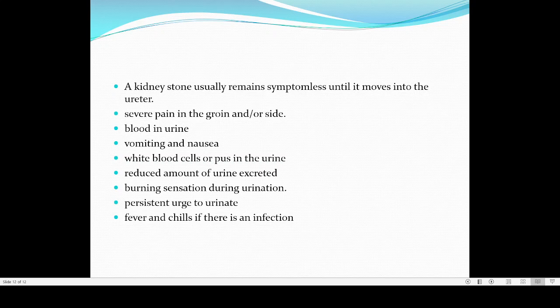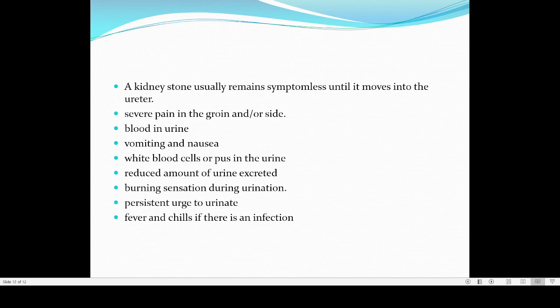This is the technique which doctors are normally using now: ultrasound. They are using a certain type of sound waves. They will be using an ultrasound machine, producing ultrasound, and this ultrasound will be breaking down the stones into very small particles.